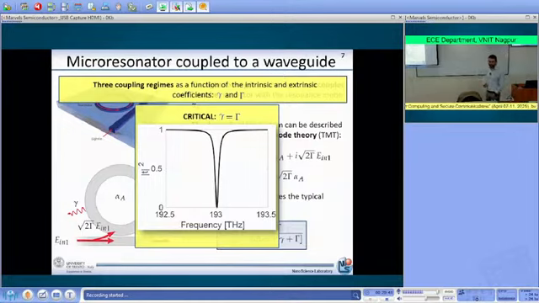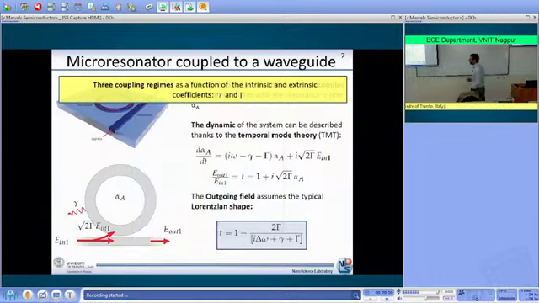So let us assume that we have a condition by which we lose as much light as we couple into the microring resonator, okay? In this solution, we are saying that the loss caused by the microring resonator is equal to the percentage of power, the coupling coefficient, that we use to insert light into the microring resonator.